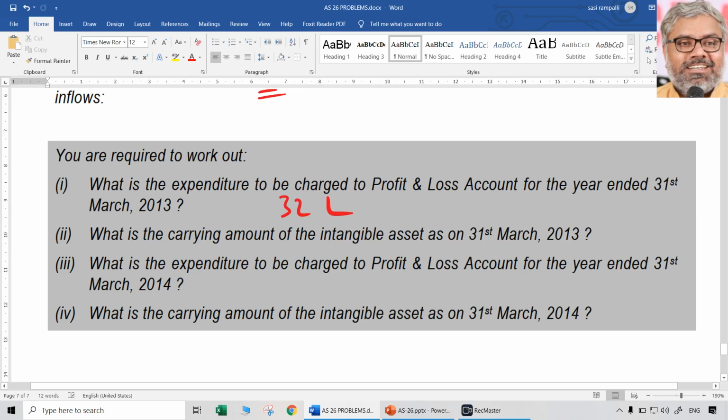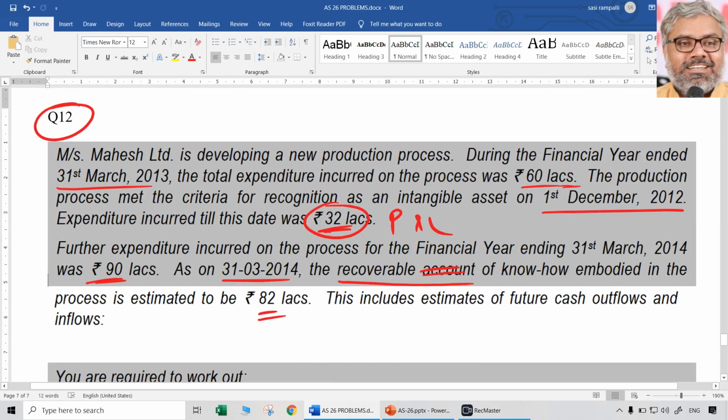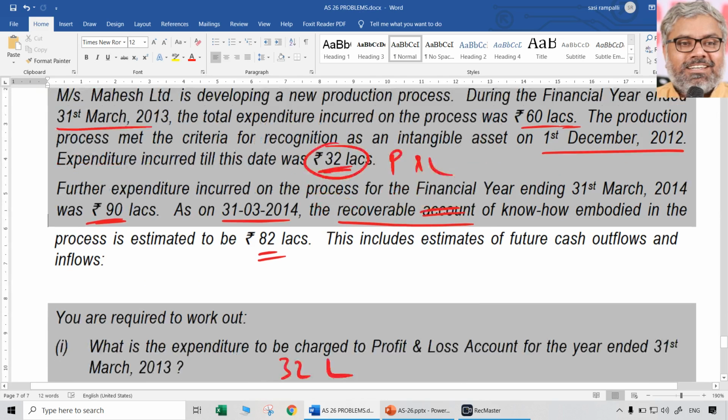Then, on 31st March 2013, what was the carrying amount of the intangible asset? Forget about 4 months amortization and all that. Just what is the cost of the intangible asset, that is the carrying amount on 31st March 2013. Total amount was 60 lakhs and out of that 32 lakhs already charged to the P&L, which means naturally the remaining is capitalized.